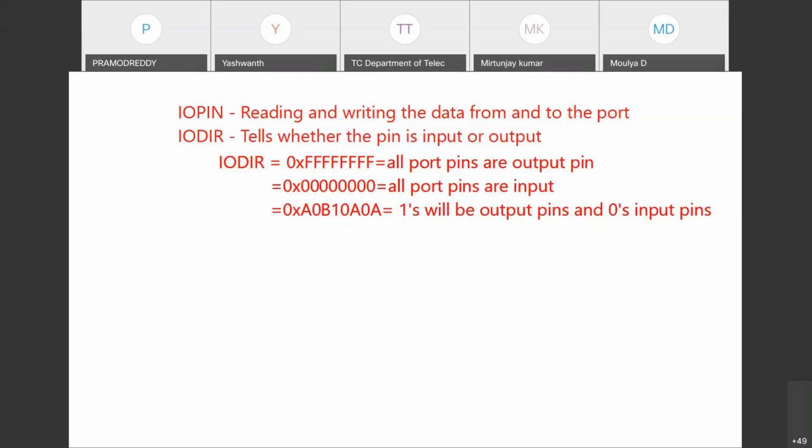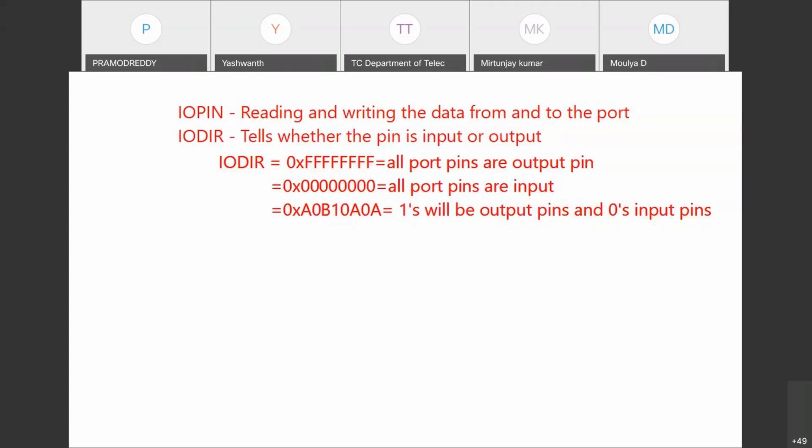Similarly, if I want to clear the contents, I have to say clear with the same value that has been set. Whatever IO set has, IO clear has the same thing. IO clear is for clearing the contents of the port, or putting them into low state. IO set is for putting them into high state, making the output high.